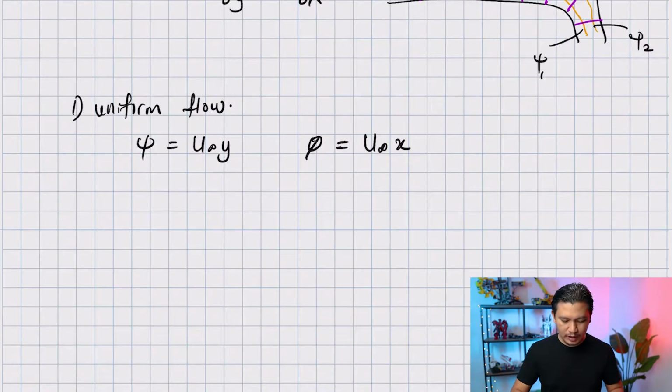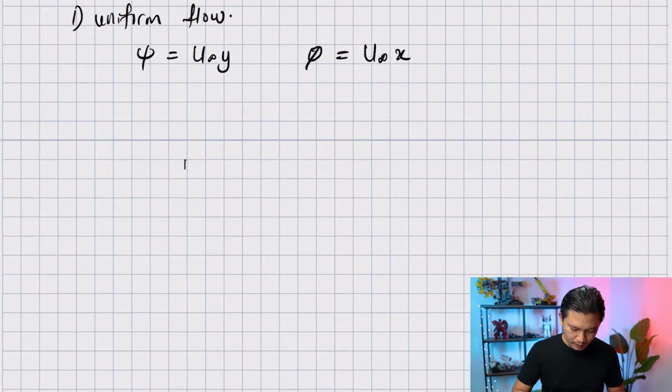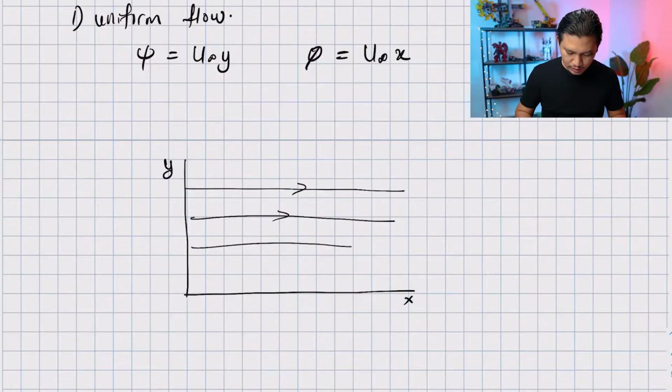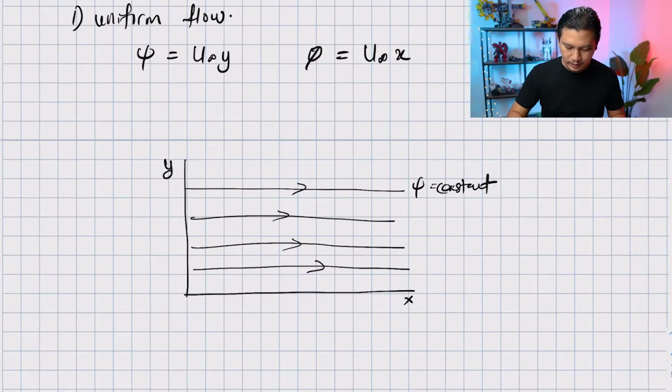Now, let's try and plot this uniform flow. If you have a plot that is in x and y direction, and a uniform flow means that the flow is going parallel to x direction. Okay, and this is what your stream function looks like. So your stream function is here and this is equal to constant. So this is stream function number 1, stream function number 2, number 3, and number 4.